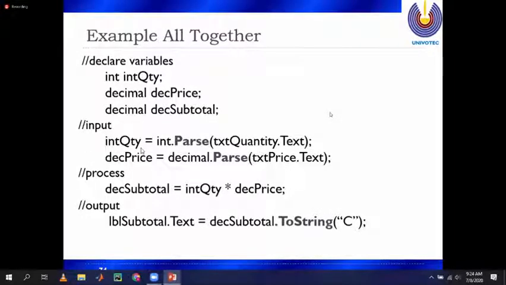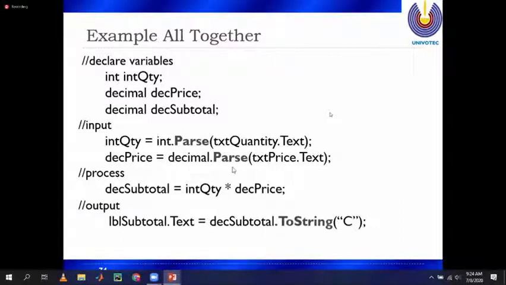The input quantity equals int.Parse(txtQuantity.Text), so we get the number of goods from the text box object's Text property, a string converted to an integer.